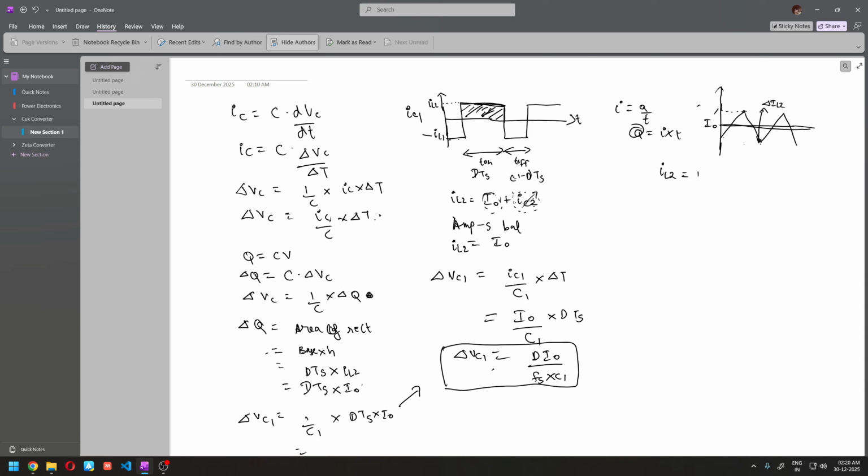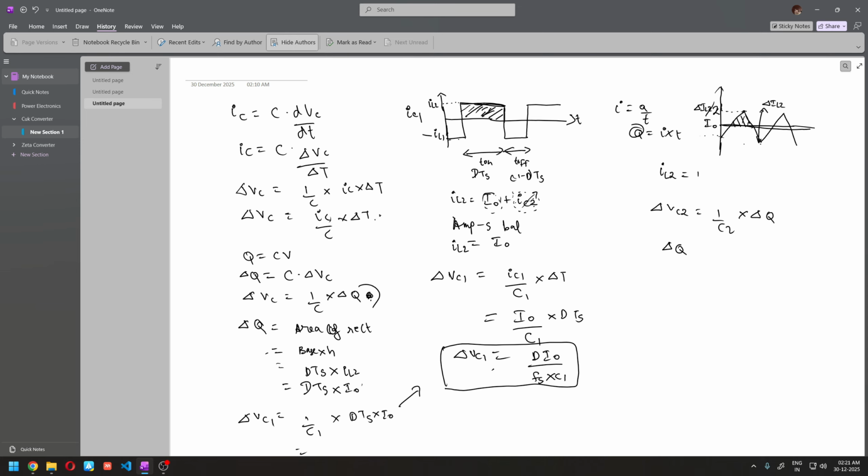So this is your delta IL2 divided by 2, and same here, another delta IL2 by 2. We need to find the area under this curve now, same as this equation applies, so we'll use this equation. Delta Vc2 is equal to 1 by C2 into delta Q again.